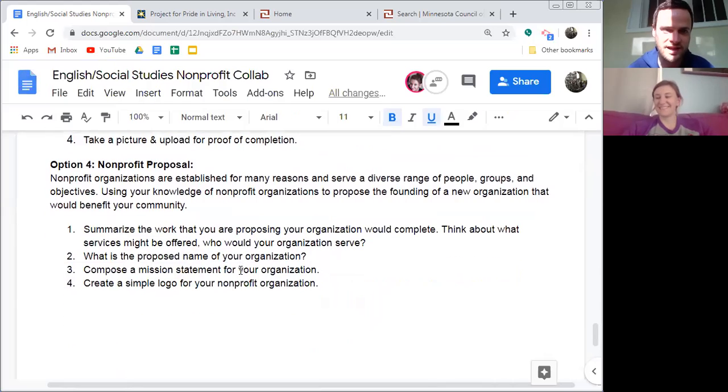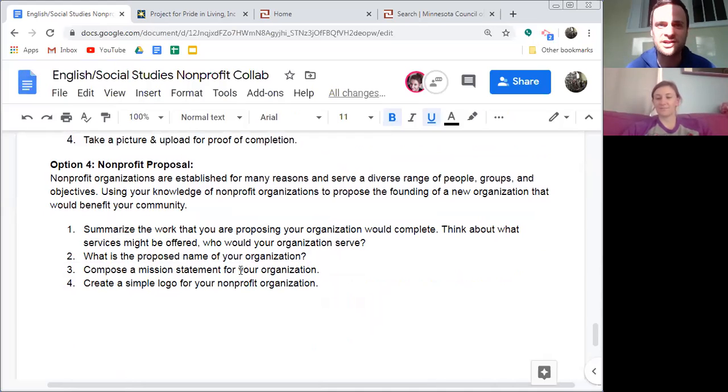And the last one is, based on your knowledge of nonprofits that you've gotten through some of the other parts of this assignment, you are going to propose your own nonprofit for your own community. I suppose you could do it abroad if you wanted to, but think of if you were to start a nonprofit or a foundation, what population would you serve?